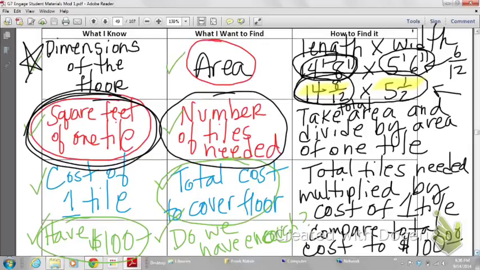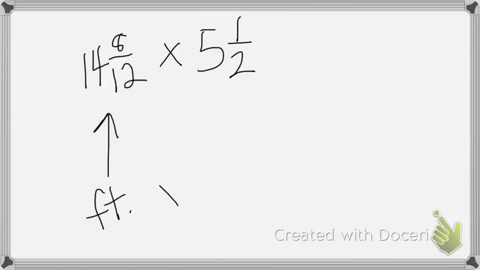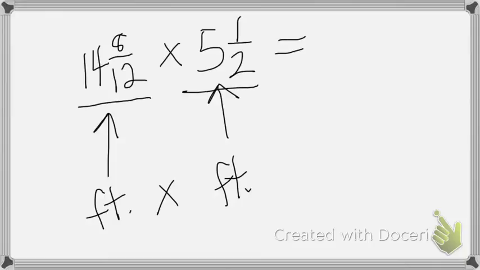So we need 14 and 8/12, and again, some of you are probably looking already, knowing that we can reduce or simplify, times 5½. Now what we've done is we've made this feet times feet, which is nice because we have feet times feet instead of feet and inches times feet and inches. We have a common unit, which will help us when we get our final answer. Now we go ahead and conduct things like we did in the prior lesson.